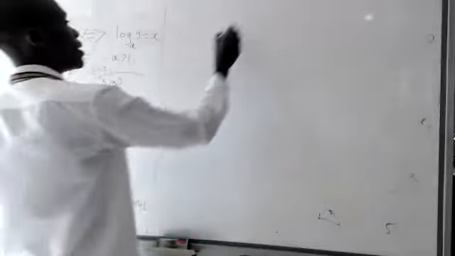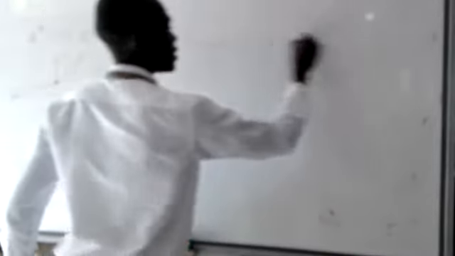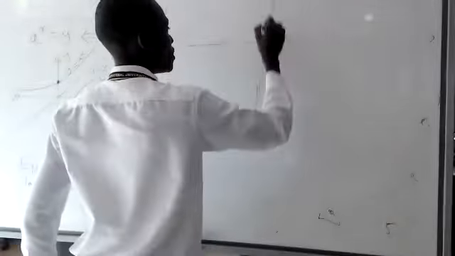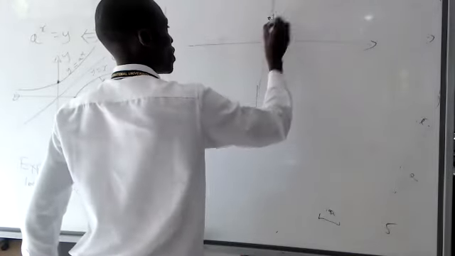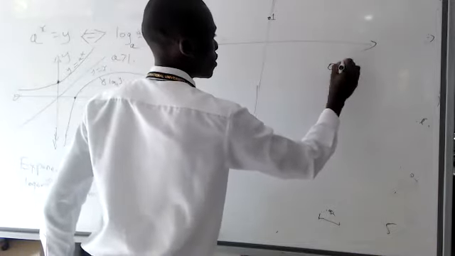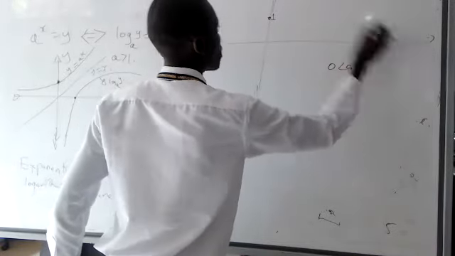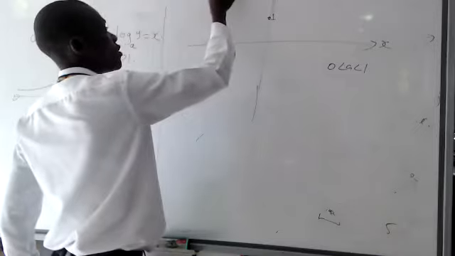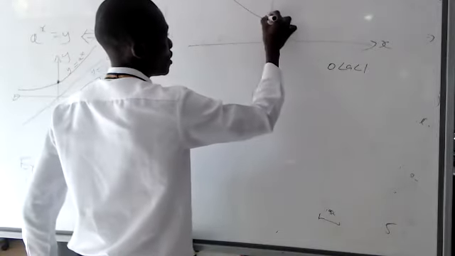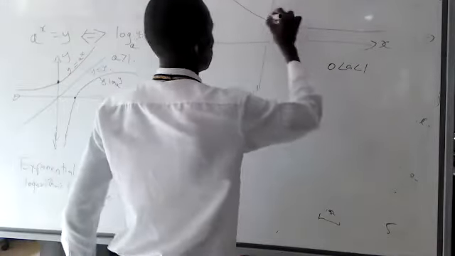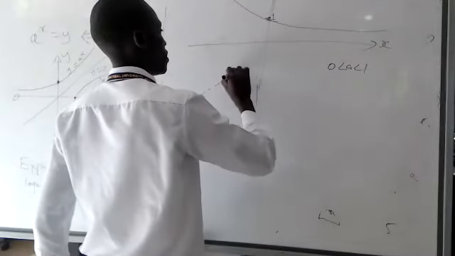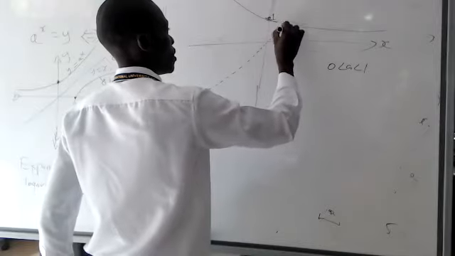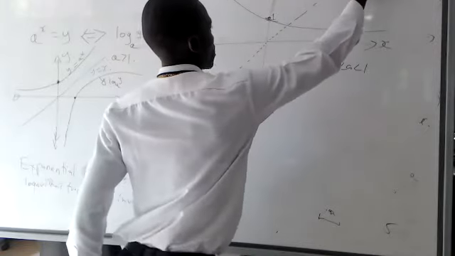Similarly, on the other end, if we have a between 0 and 1, so we say this is 1, when 0 is less than a and a is less than 1, you have exponential decay. This is the line y is equal to x.